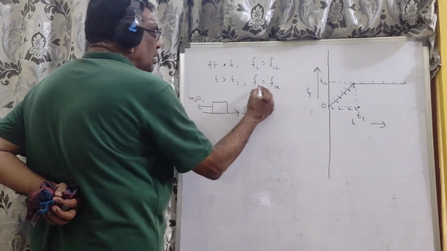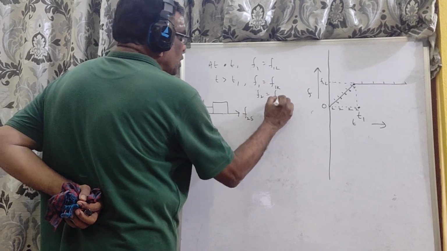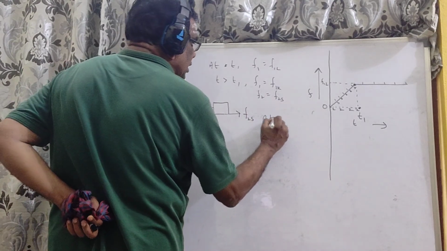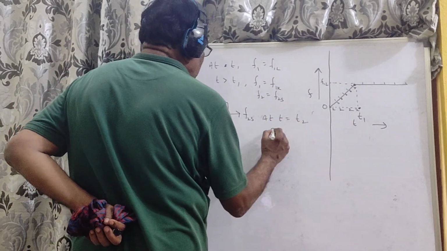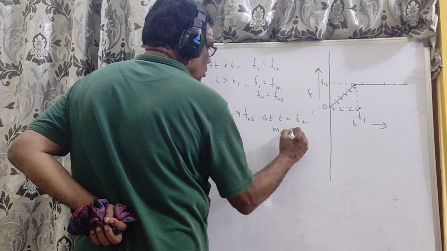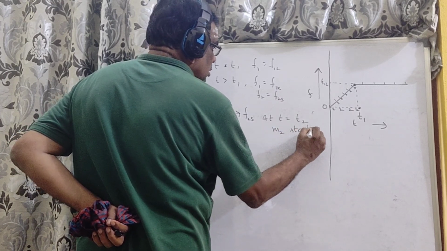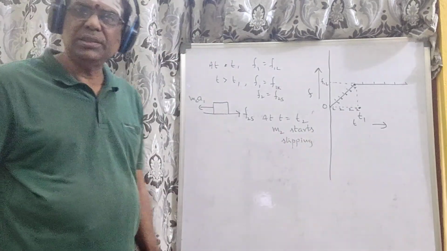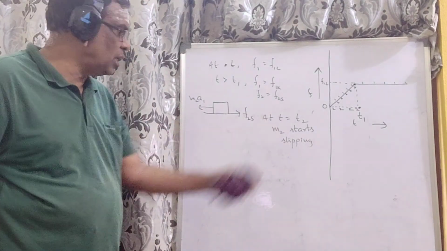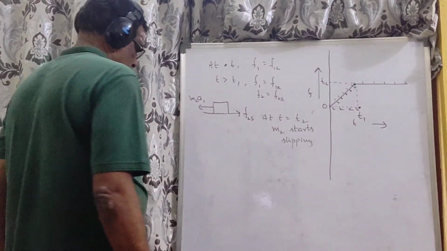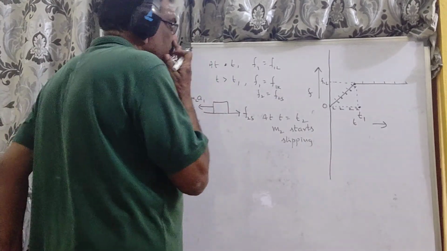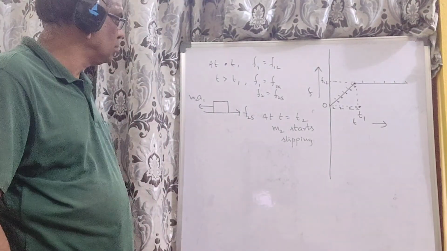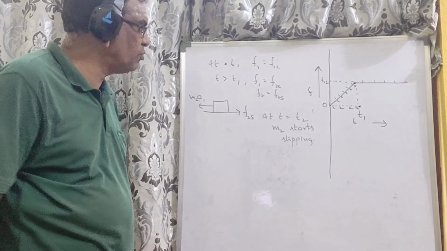For T greater than T1, F1 is F1k, F2 is F2s, but at T is equal to T2, M2 starts slipping. At T is equal to T2, M2 starts slipping. Okay, fine.